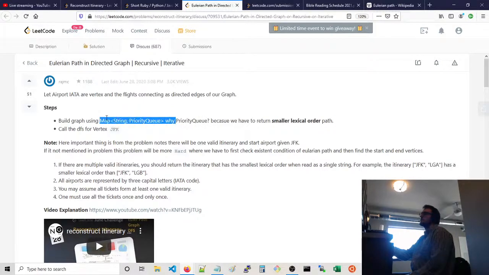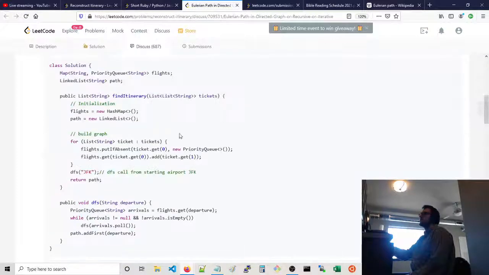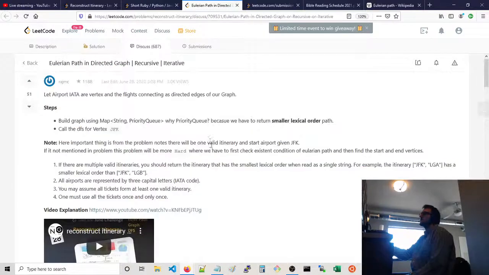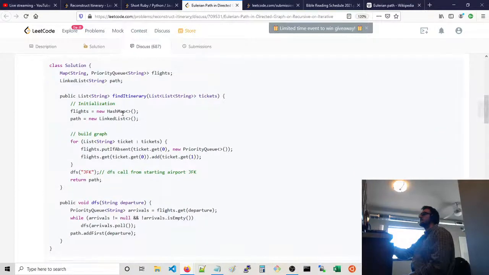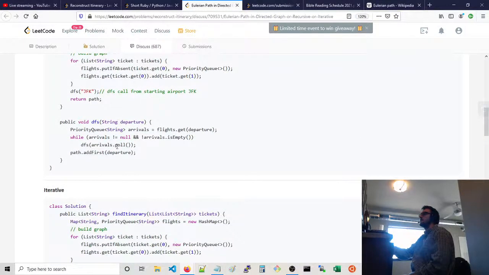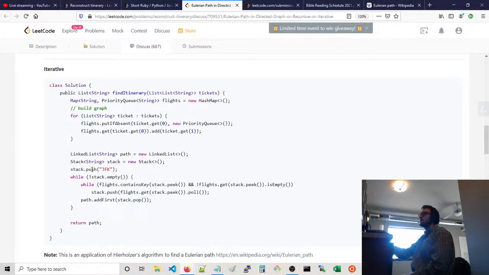Don't even need a priority queue for this. The priority queue basically allows you to do this iteratively, I think. Don't necessarily need a stack, I suppose. I don't actually know how you do it with the priority queue. I'd have to think about it.